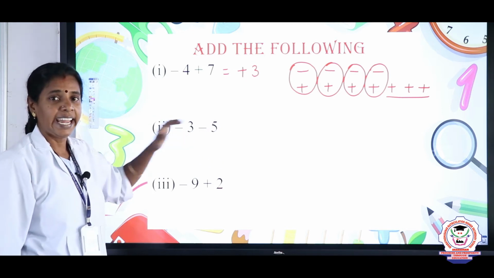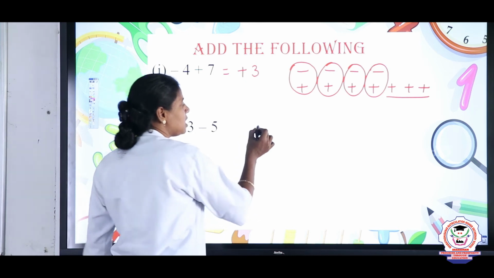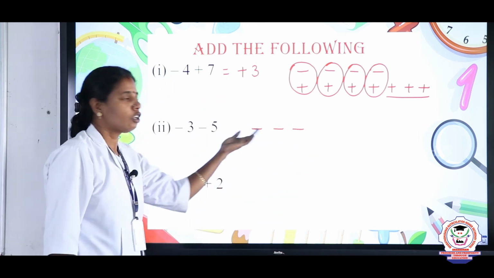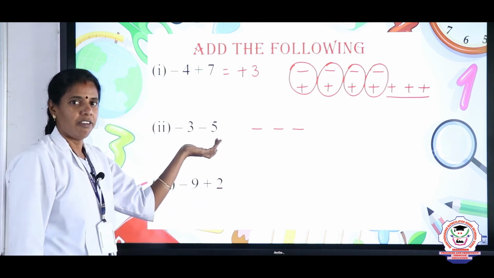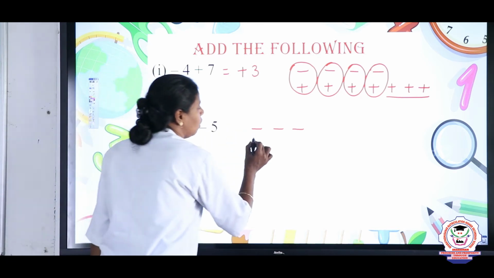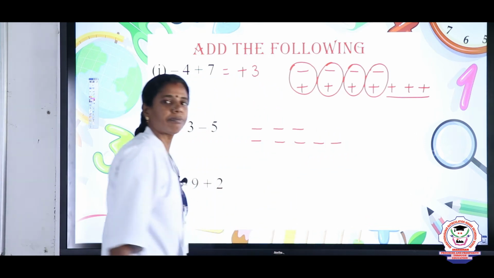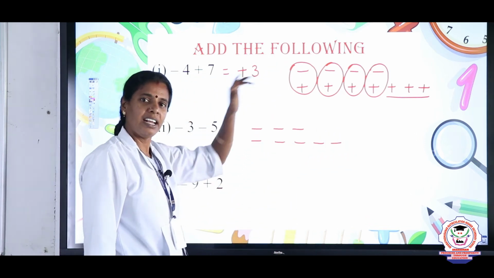Now, the next example, minus 3, minus 5. Both are negative integers, so we are going to take negative signs. Minus 3, so 3 negative signs: 1, 2, 3. And then again minus 5, so we take negative signs 5 times: 1, 2, 3, 4, 5. When positive and negative are there, we can pair them and it will become 0.